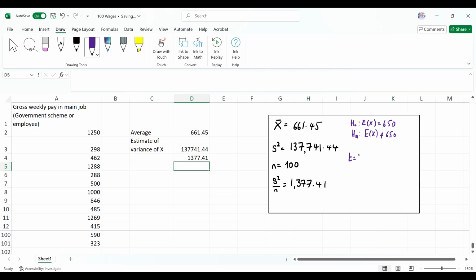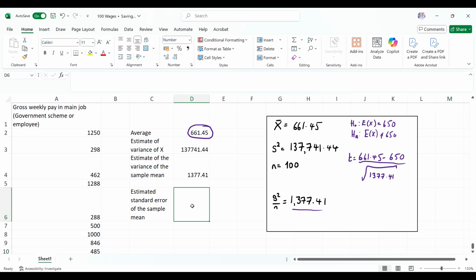We take our estimate of the population average, 661.45, and we subtract our hypothesized value, which is 650, and divide through by the estimated standard error of our sample mean, which is equal to the square root of our s squared over n. So this is the square root of 1,377.41. Now we can do all of this calculation within Microsoft Excel.